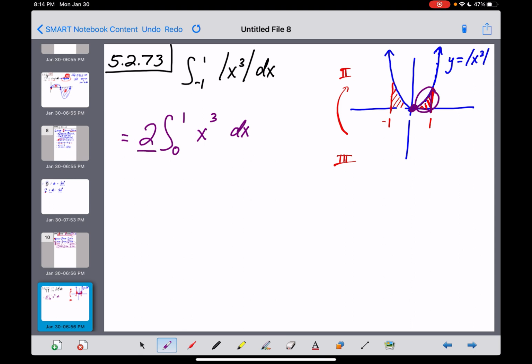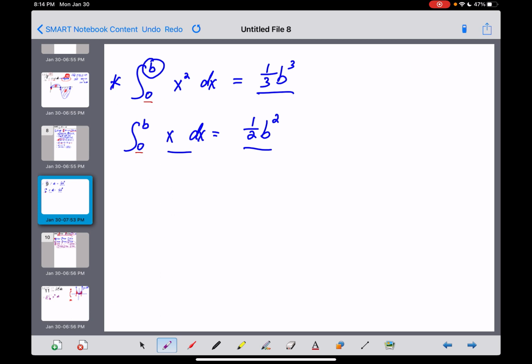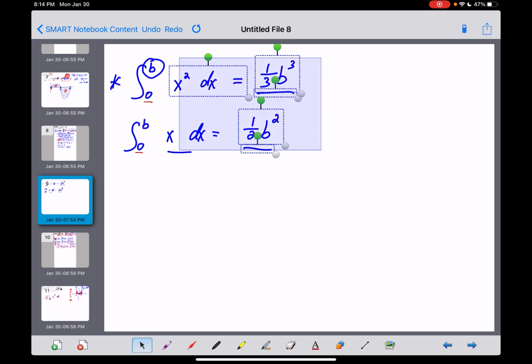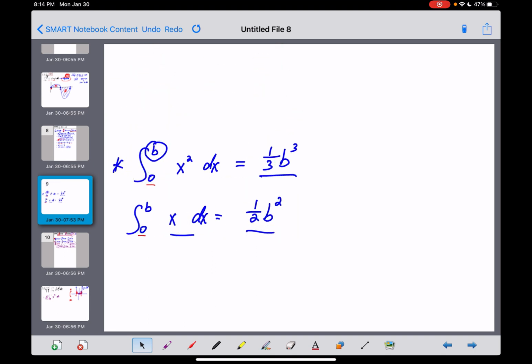Now, do we know how to do this? Sort of. If we go back to these properties here that were given to you in your notes, in fact, let me take all of these and let me slide them all down just a little bit. At some point, we probably figured out the joke. The integral from 0 to b of x cubed taken with respect to x.